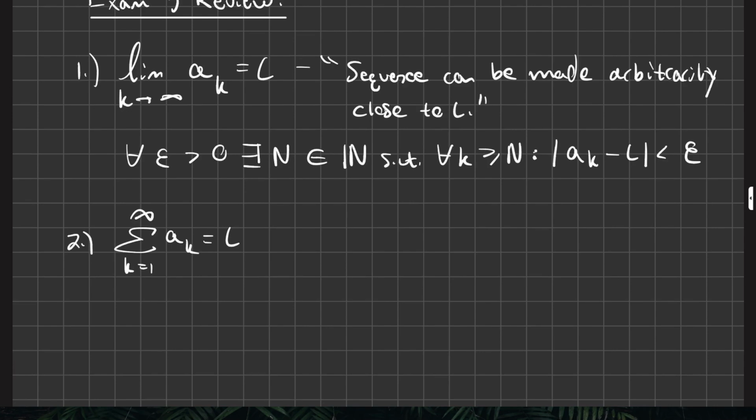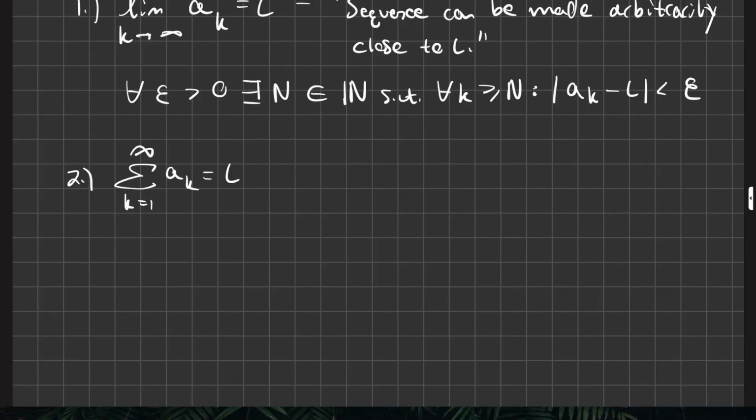Well, if we think about this idea of partial sums, we would have that the limit as n goes to infinity of s sub n, or I call this little n, equals L, and this is true if and only if the series sums up to some finite number. So this is convergence in a more general language.